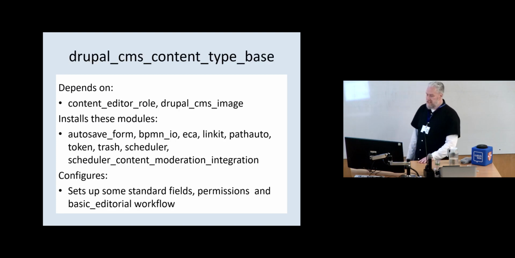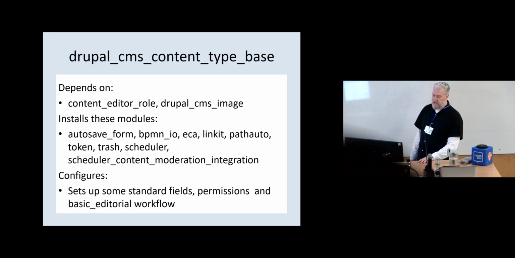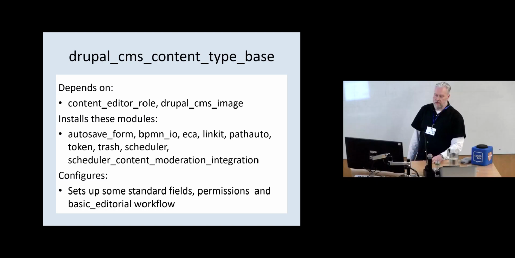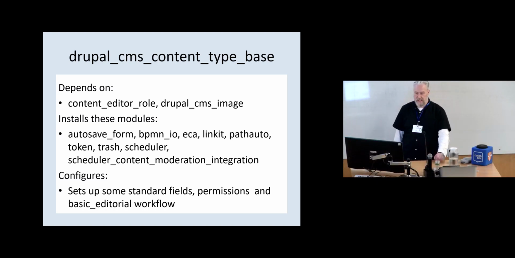But it's also based on the content type base, which does a lot of the heavy lifting for all the content types that we'll look at later. You can see that it depends on the editor role from core, but also a new recipe as well, Drupal CMS image, and I think all the content types have images in place.